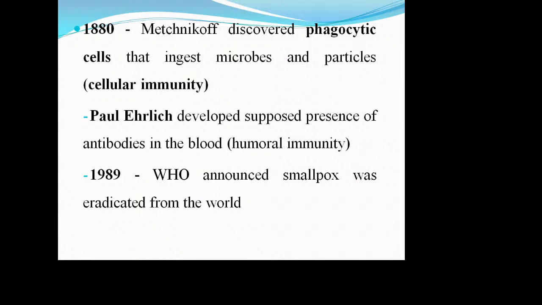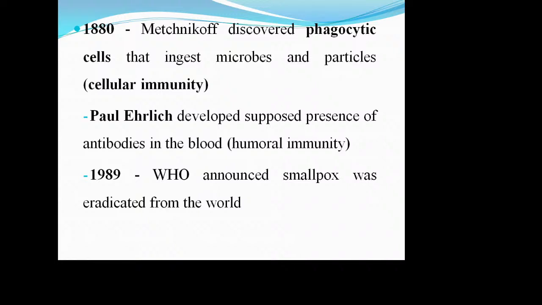Later, in 1880, Ilya Mechnikov, who was a Russian scientist, discovered phagocytic cells that ingest microbes and foreign particles. So he started to work in the field of cellular immunity.